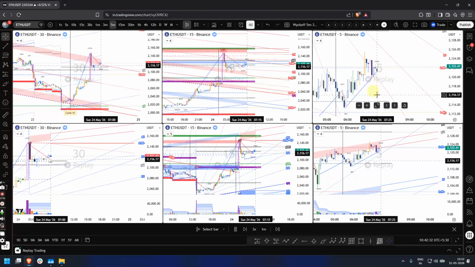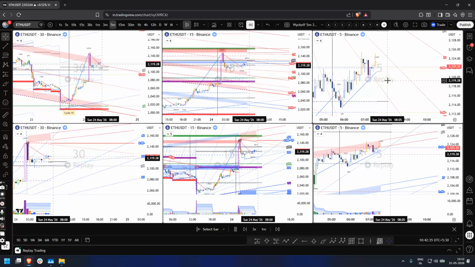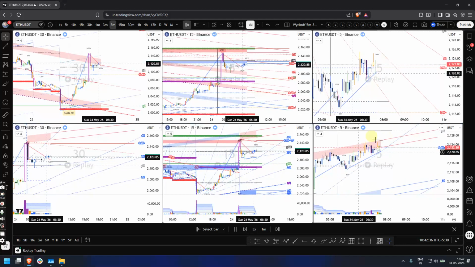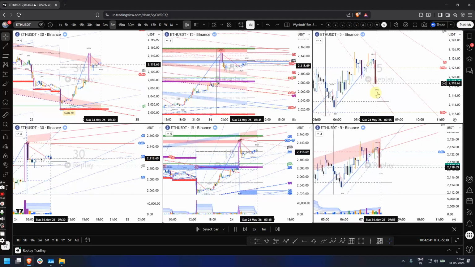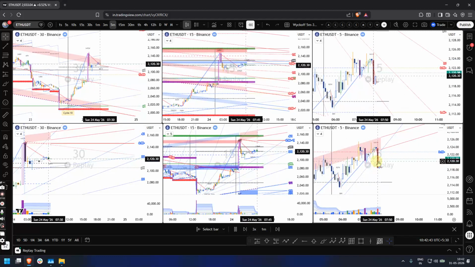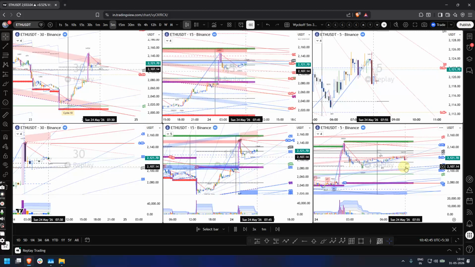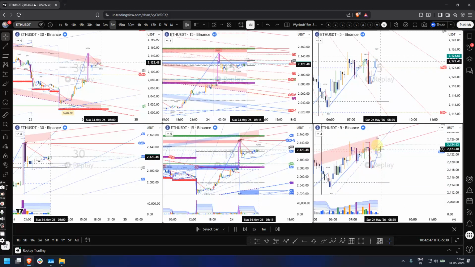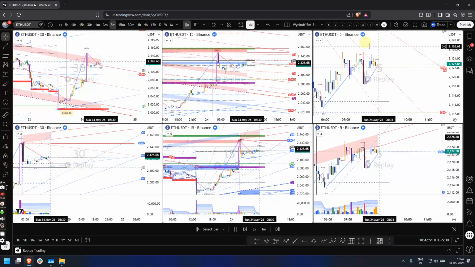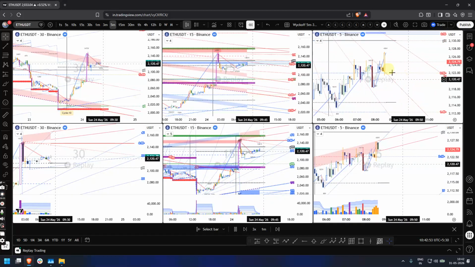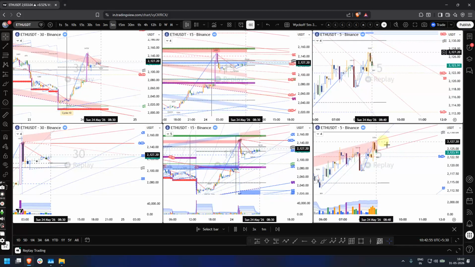Boom, big down move, pullback, then again it's gonna come down. Yeah, a little bit and then back down.